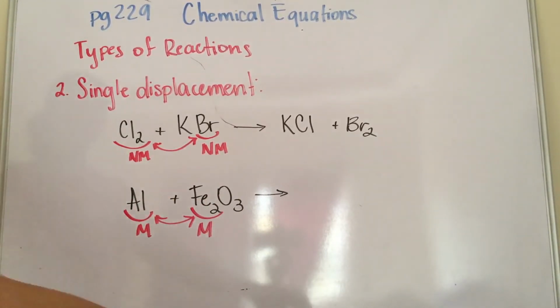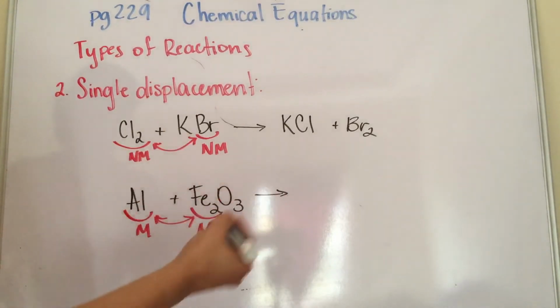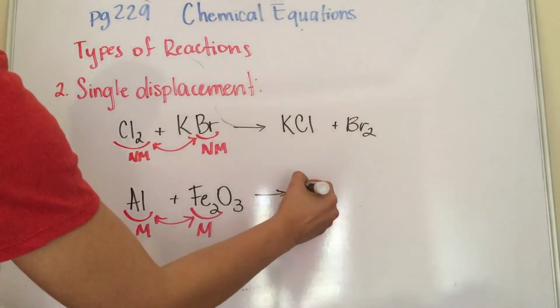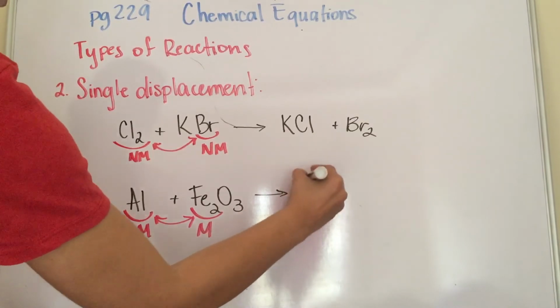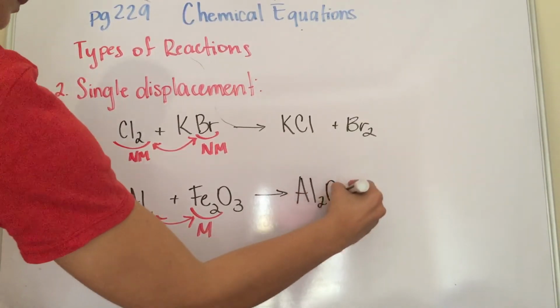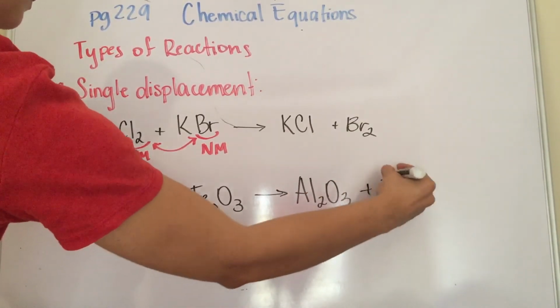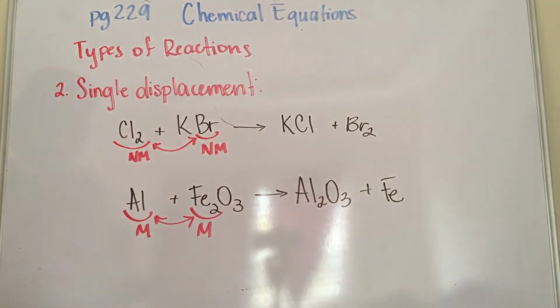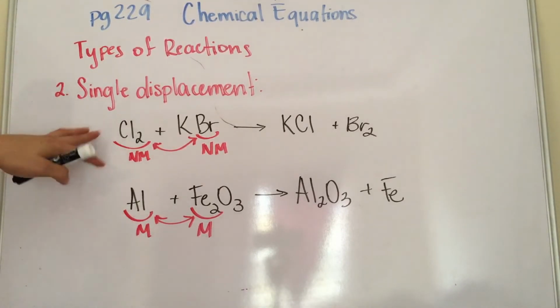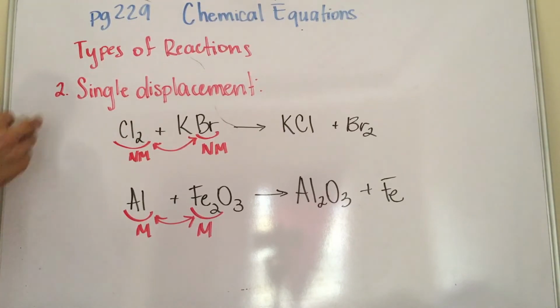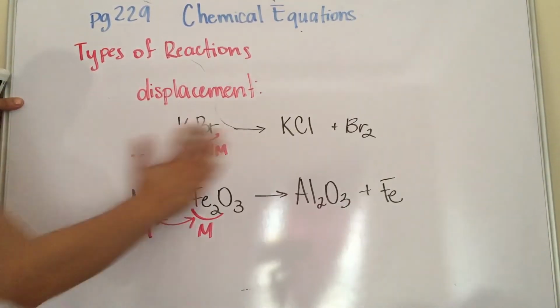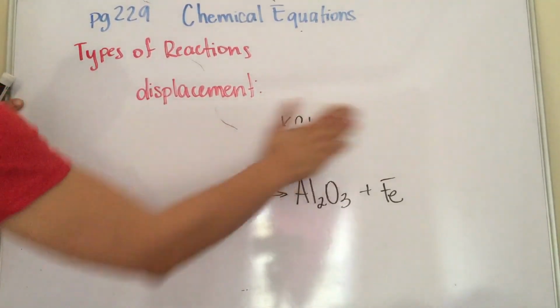Aluminum is going to move here, plus iron is left alone. All right, so this is a single displacement reaction. It's really simple because we just need to change one metal for the other metal, or one nonmetal for the other nonmetal.